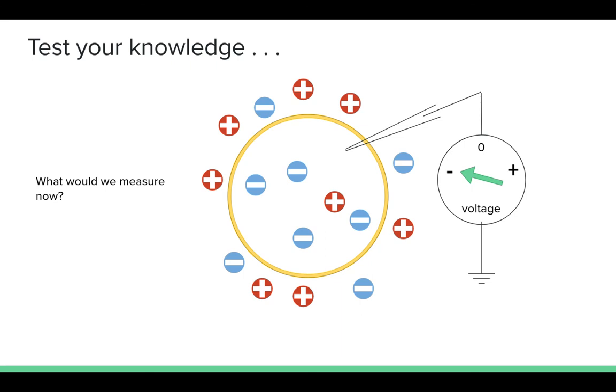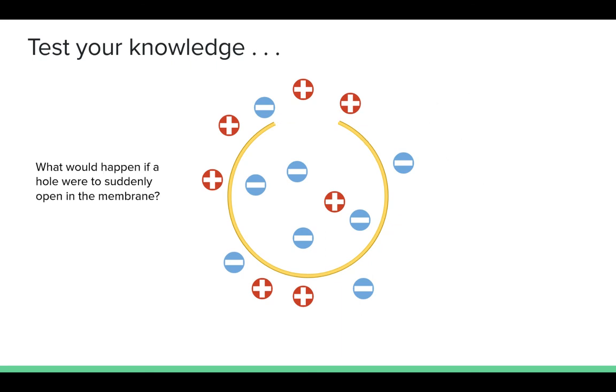Now, what would you imagine would happen if we suddenly opened a hole in the membrane of the cell and made the inside and the outside of the cell continuous with one another? Well, hopefully you'll remember that charged particles, ions, that have dissimilar charges attract one another.